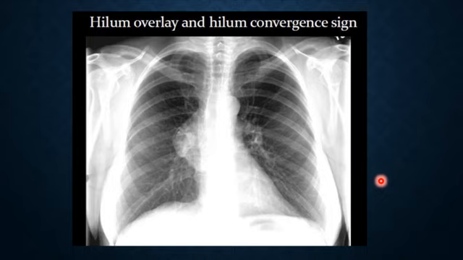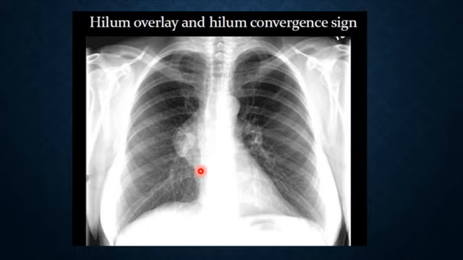It is a very important sign to know about, especially if you are seeing something at the hilum. The question is: is this lesion within the hilum, or anterior or posterior to it? Yani, is it paravertebral or parasternal, or within the hilum? The hilum overlay sign will help us with that.